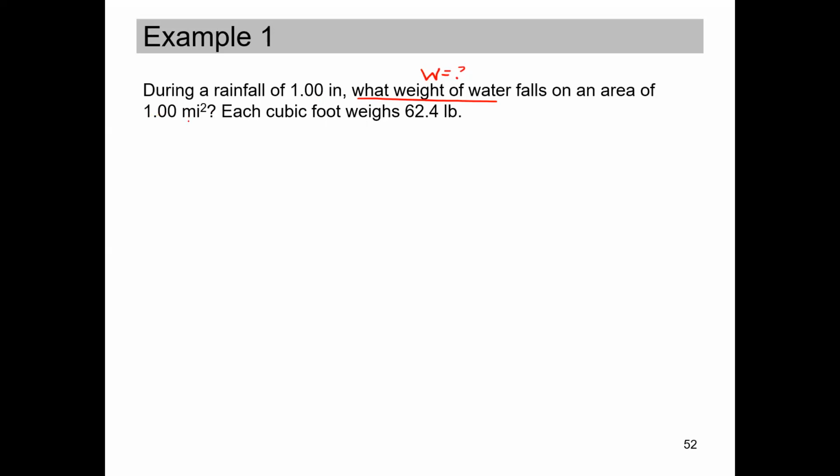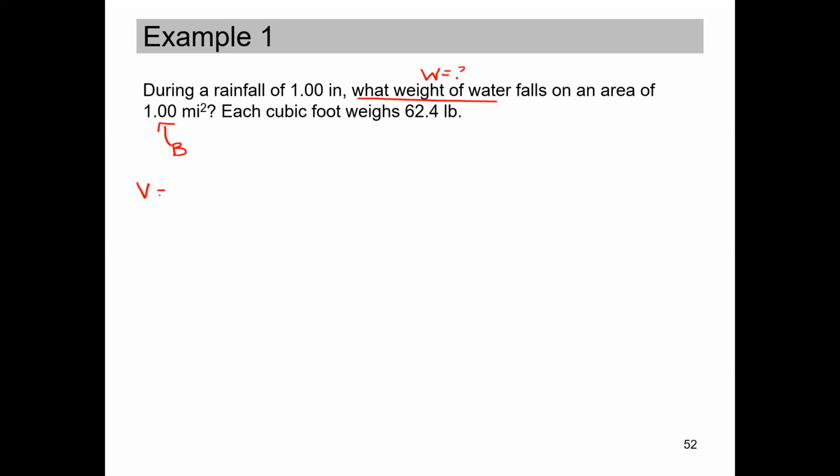If you think about a square mile, your base is going to be 1 mile by 1 mile, potentially, whatever comes up with 1 square mile. You could have a 1/2 mile by 2 miles, but let's just say 1 square mile. That's going to be our base. I'm going to use capital B on purpose.